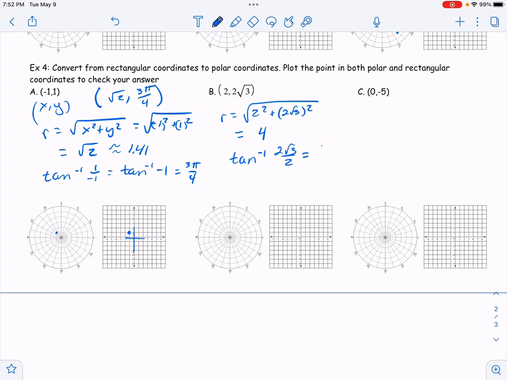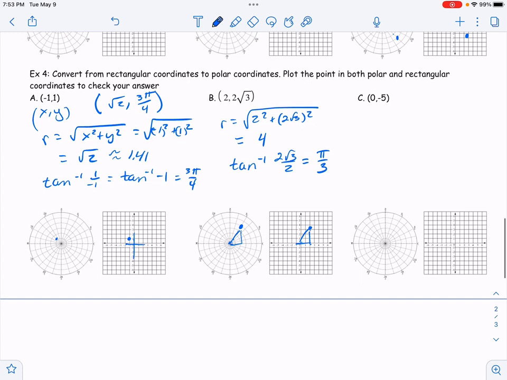That would be pi over 3. So pi over 3 and 4 is 1, 2, 3, 4. Or 2, and then 2 root 3. What did we say 2 root 3 was? 3.4. So the dots look like they're in the same spot. Okay, this and this, this and this. Yep, they're good.